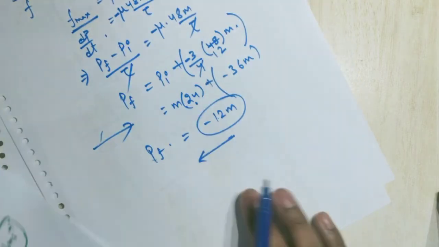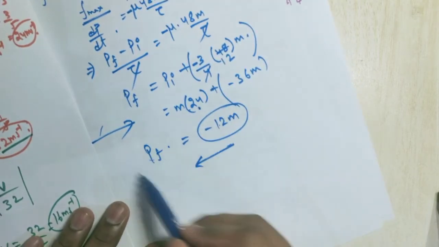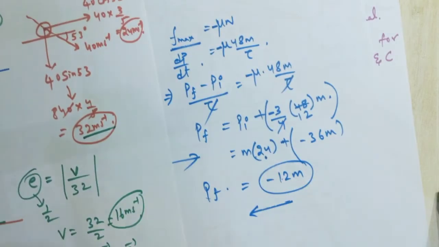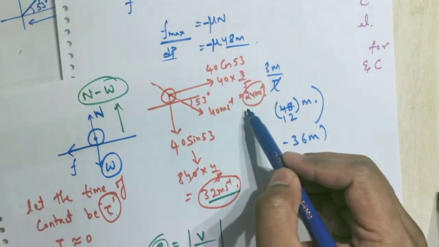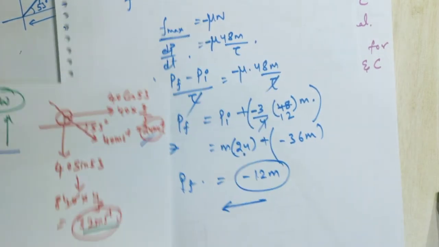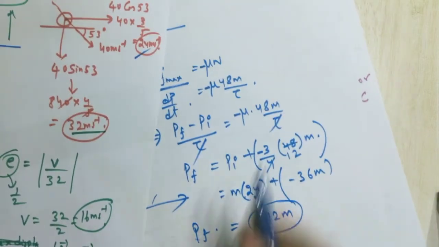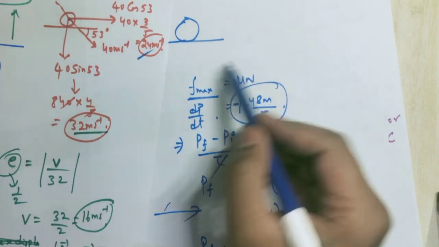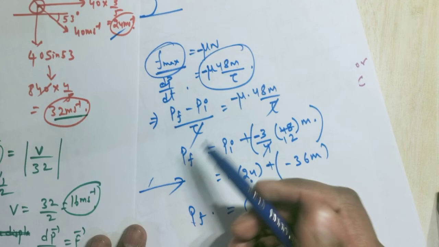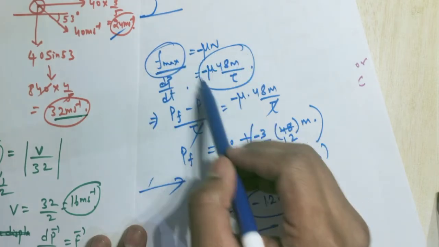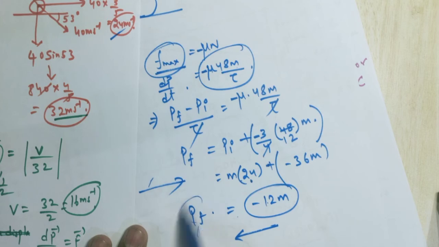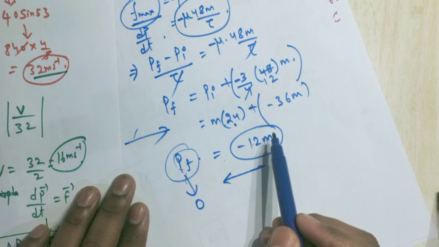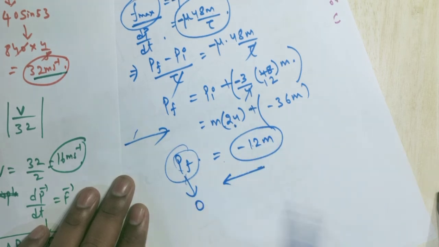So this suggests that the maximum friction is capable of stopping the ball with more velocity compared to 24. From this what we can assure is that the friction acting is not equal to this amount, it is less than this amount, because this is the maximum friction. So sufficient friction, less than this amount, will act so that the final momentum becomes zero, because final momentum should not be negative, since friction cannot drive a body in the opposite direction.